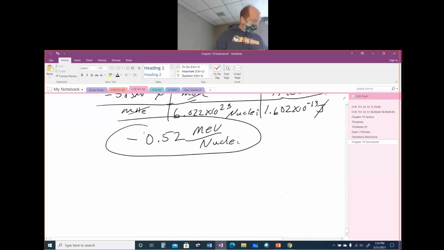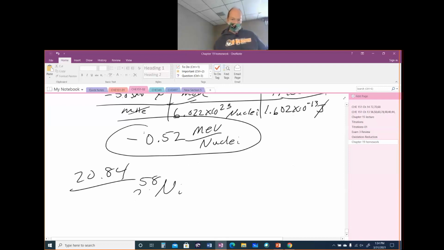All right. So when you do the next one, 20.84, mass defect, you have to know that that is a reaction where your nucleus, in this case nickel 58 28, is going to 28 protons plus 30 neutrons.